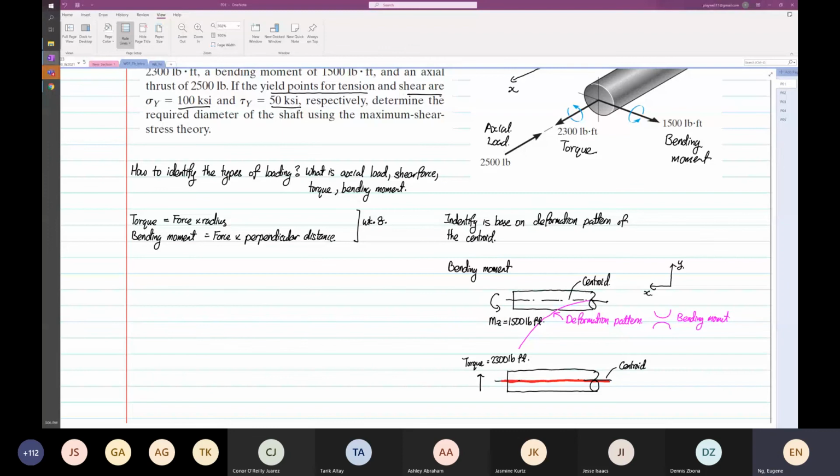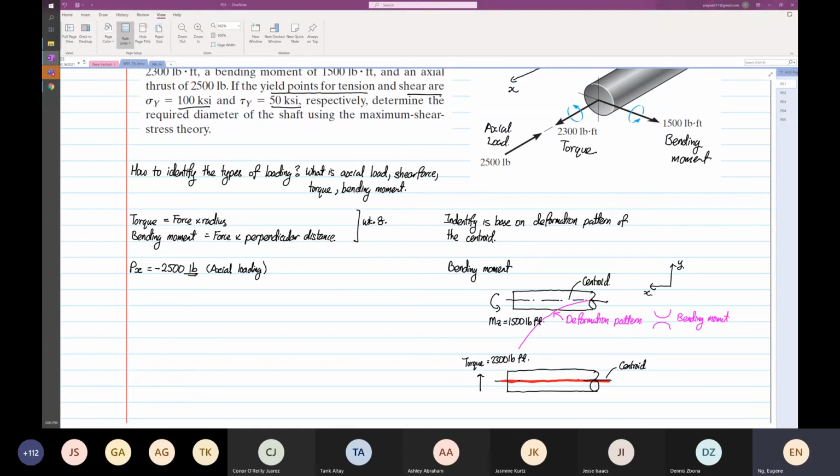So in this context, we have a load known as Px, and Px is equal to minus 2,500 pounds, and this is caused by axial loading. So that is why it's important to be able to identify the load.